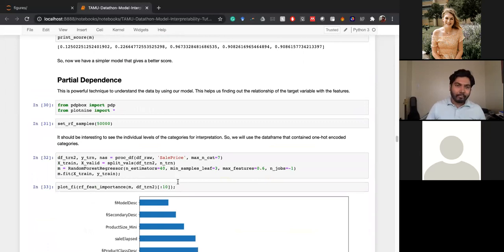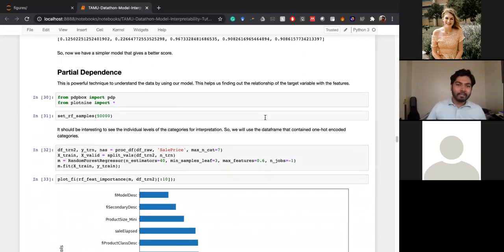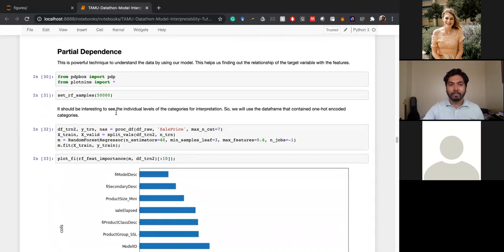Next, we'll look at something called partial dependence plots. This is a very powerful technique to understand our data using the model, and it helps us find the relationship between the target variable and the features that we have. Here I'm using a library called PDP box for getting these partial dependence plots.